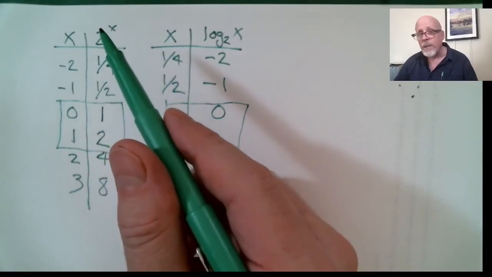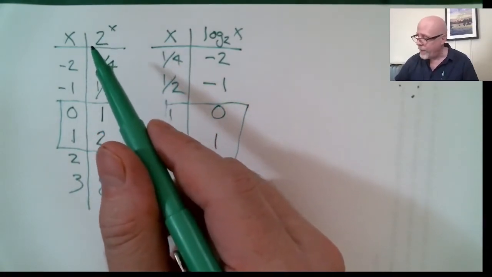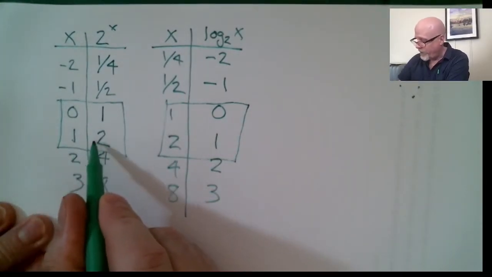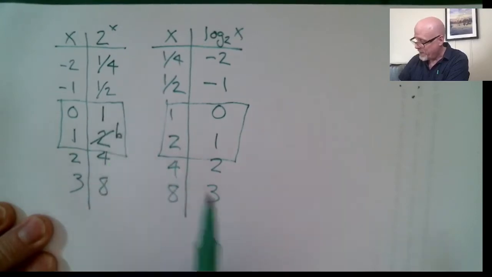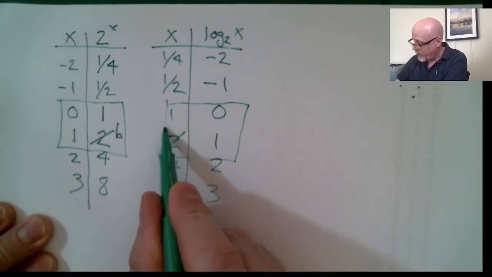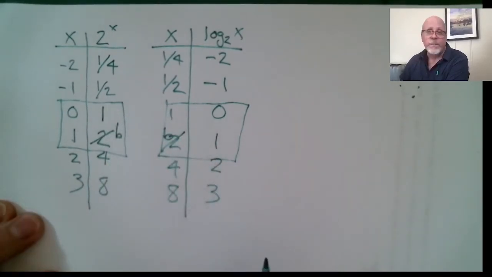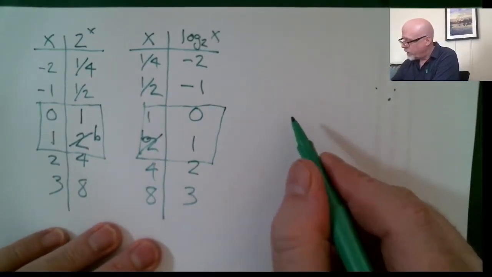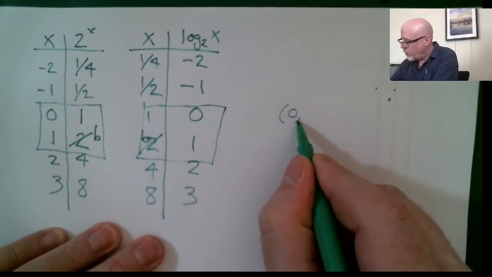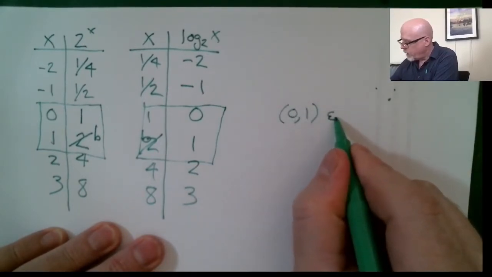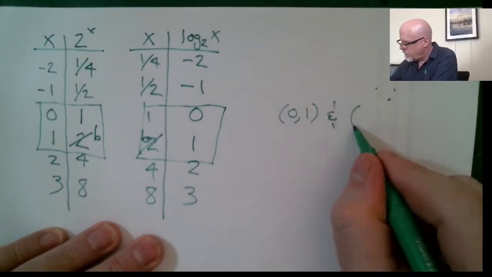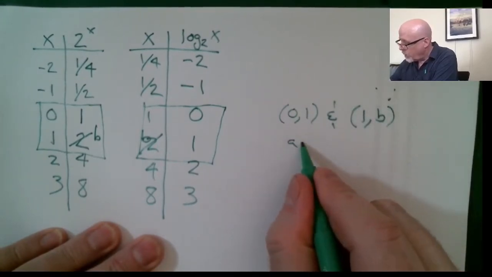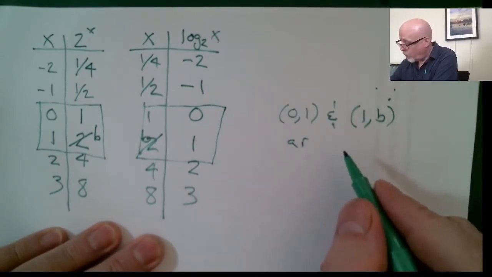And if we're talking about a base b instead of a base 2, that would mean this spot is always going to have a 1, excuse me, a b in it. So we've just argued something that's interesting. 0, 1, and 1, b are always on the graph of y equals b to the x.